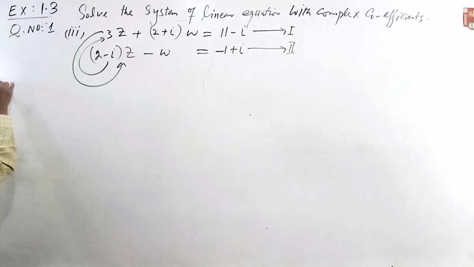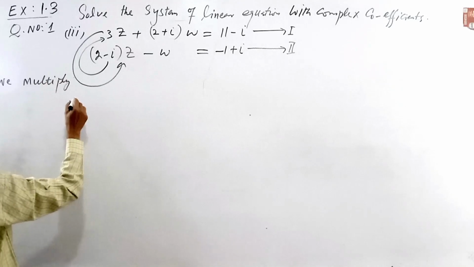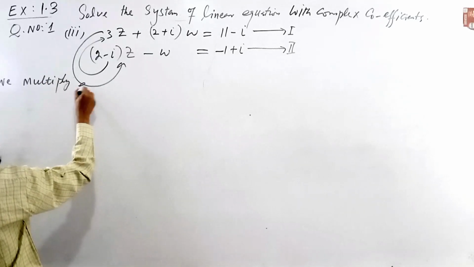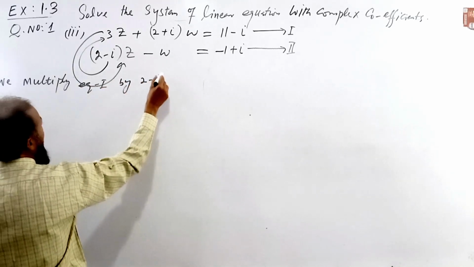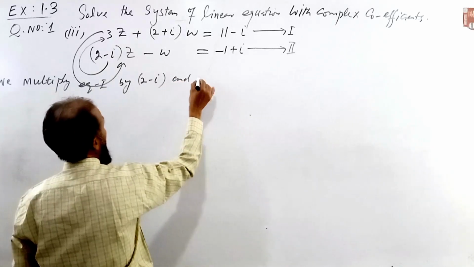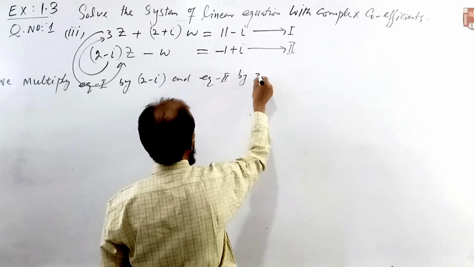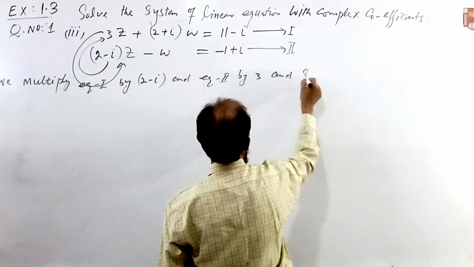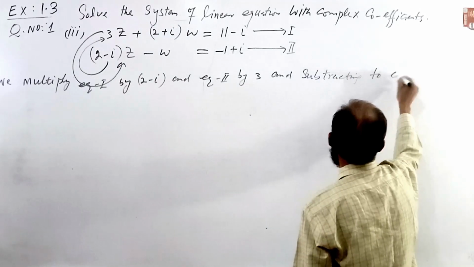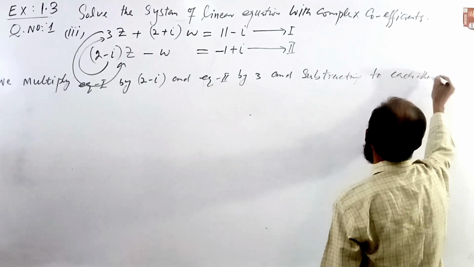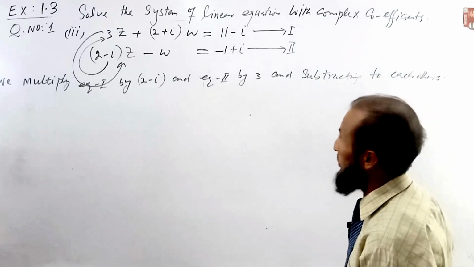Now we can write: we multiply equation number first by 2 minus iota and equation number second by 3 and subtract each other, then we will get one of the terms, z, to be 0.